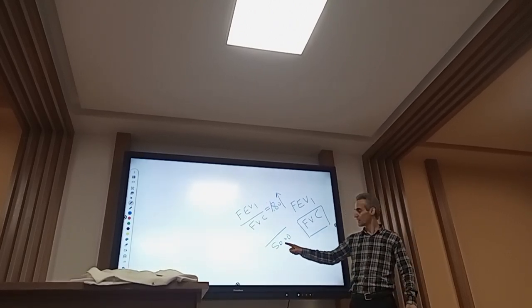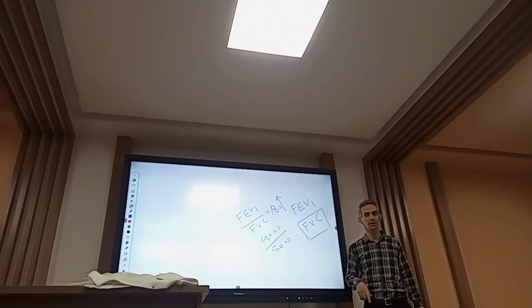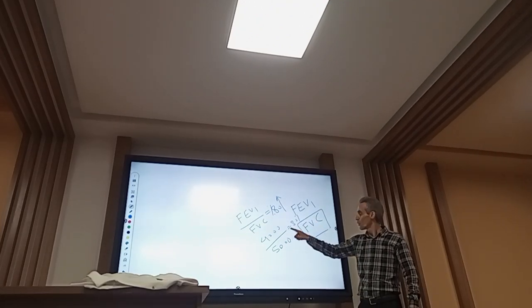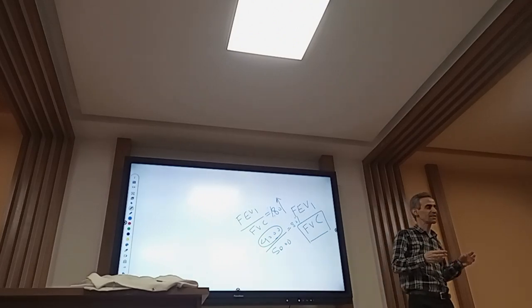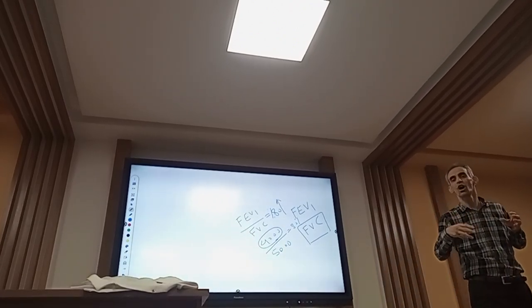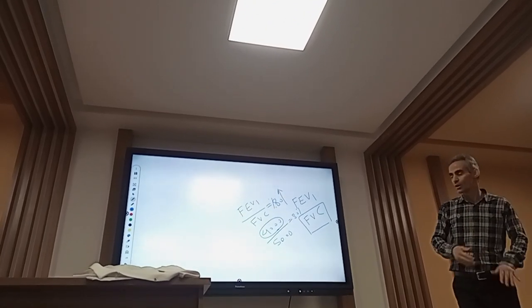At least 80% of this. 80% is 4,000. If FEV1 is less than 4,000, we say that FEV1 to FVC decreases and indicates an asthma condition. Okay?